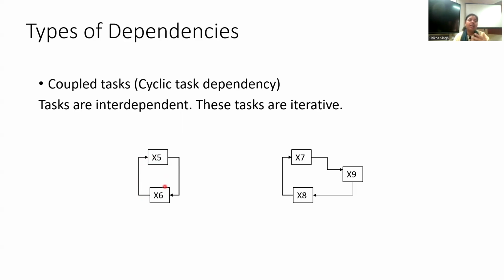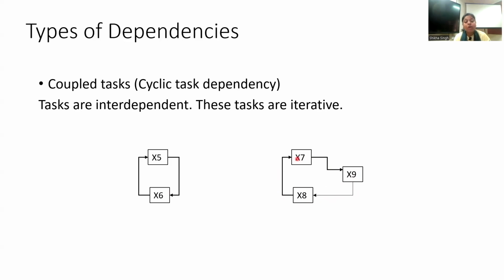Keep on processing and keep on sharing the information to and fro, right? So you see one more cyclic task example here. X7, X8 and X9. X7 is giving information to X9, right? And then X8 is receiving information from X9, and again X8 is giving information to X7.